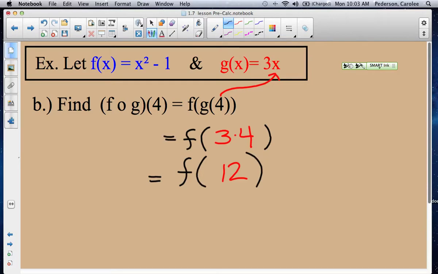Now what am I going to do with the 12? What's it saying? Take f of 12. So what function am I working with now? The blue one, the f of x function. And I'm going to replace 12 wherever there's an x. So there's an x right there.